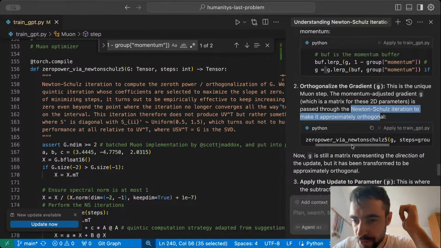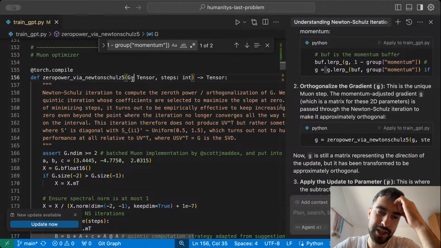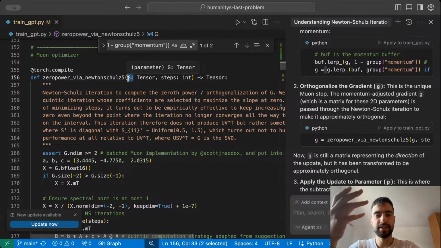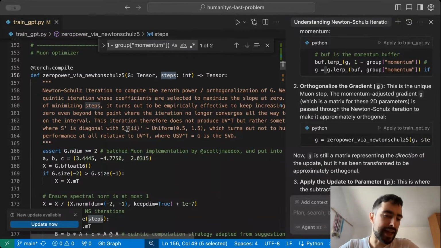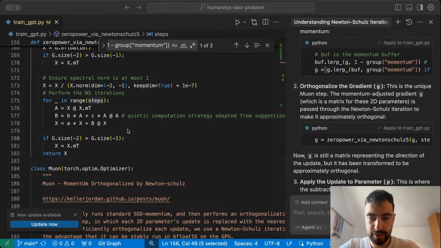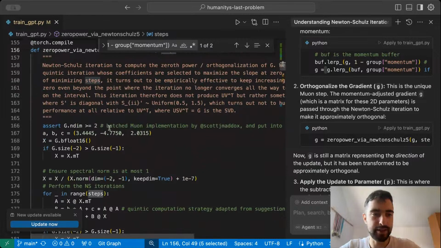Zeroth power via Newton-Schultz. So that's this function. G is the matrix that we want to orthogonalize, and steps is the number of steps. But I didn't know we are predetermining the number of steps. I thought it's going to do steps until it converges.